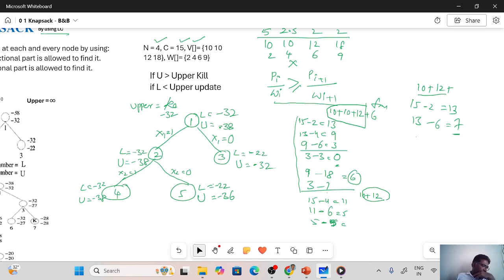Now once again check the possibilities. What is our U? For the node you generated, you must check these two conditions. U is greater than upper: minus 36 is greater than minus 32?